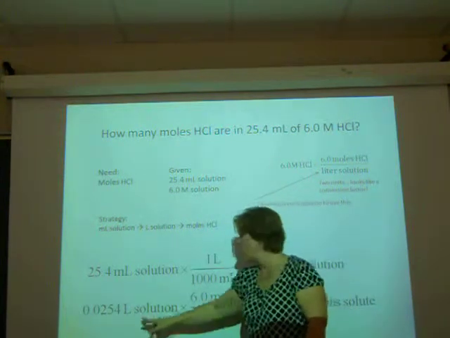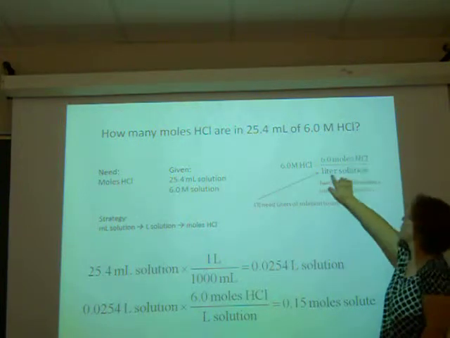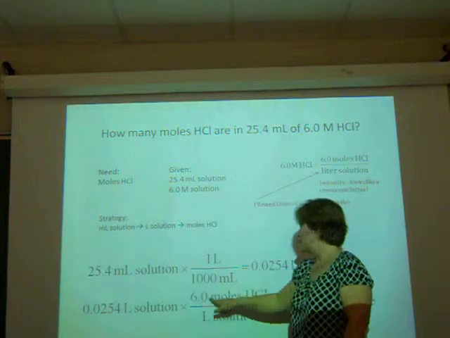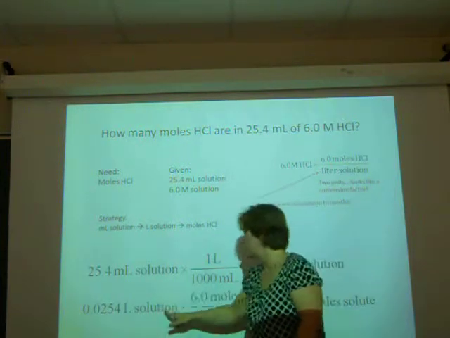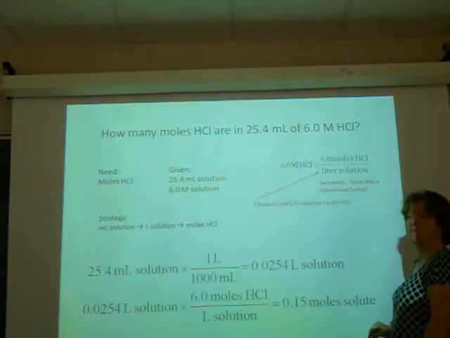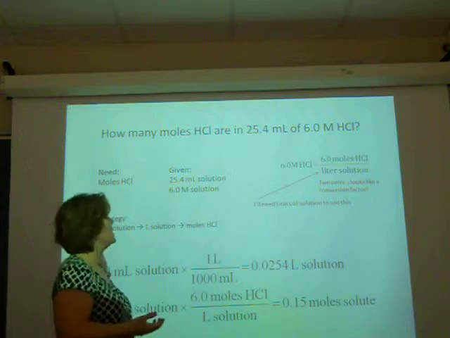Again, watch the units. I want liters of solution to be on the bottom. The way I've written this out, liters of solution is on the bottom, so I do not need to flip this. Times 6.0 moles of HCl. The liters of solution are going to cancel. I'm left with moles of HCl, and I get 0.15 moles of solute. And in this case, the solute is HCl.